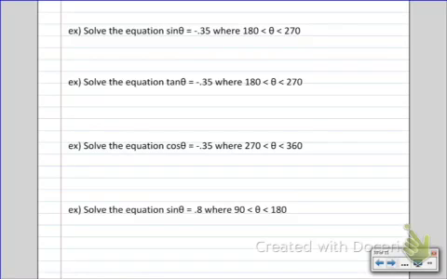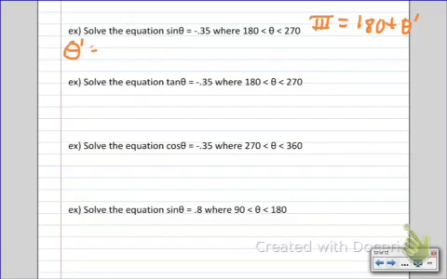Alright, so let's do a couple examples here. Solve the equation sine of theta equals negative 0.35, where 180 is less than theta, which is less than 270. That means quadrant 3. That means I'm going to take 180 plus theta prime. So first, find the reference angle.